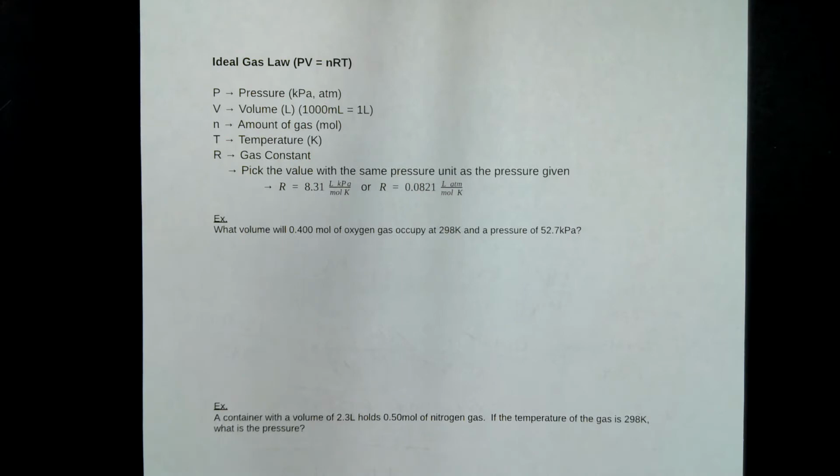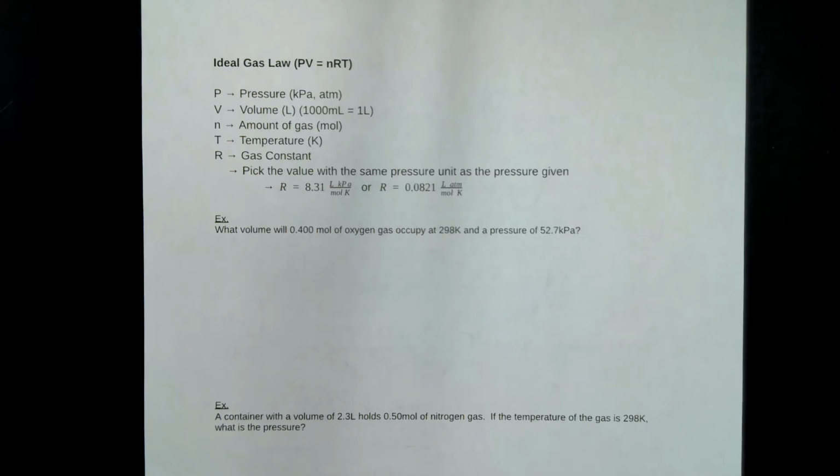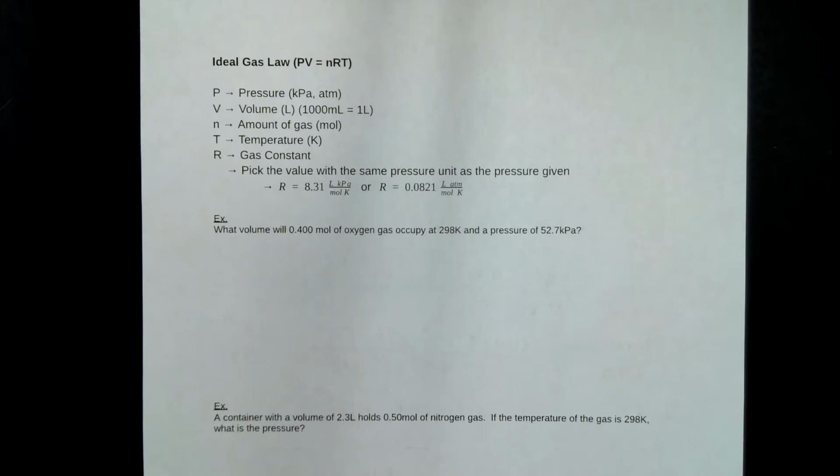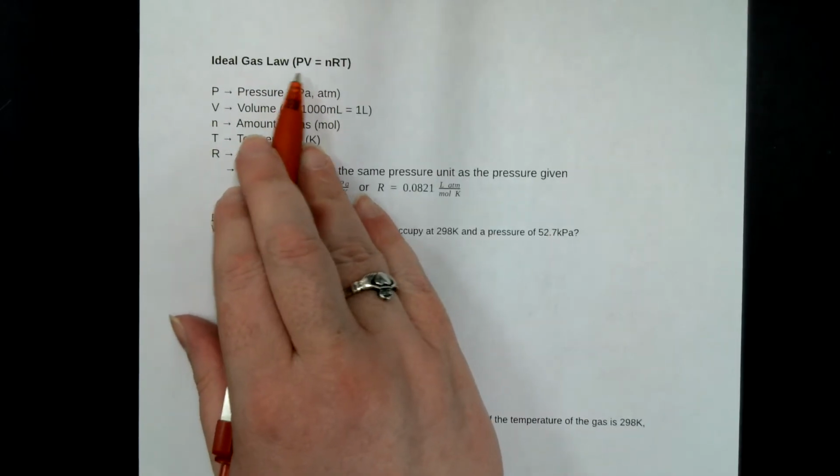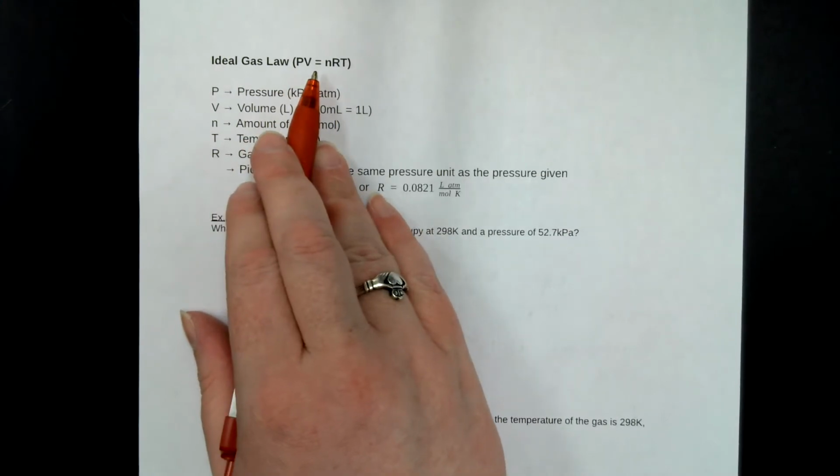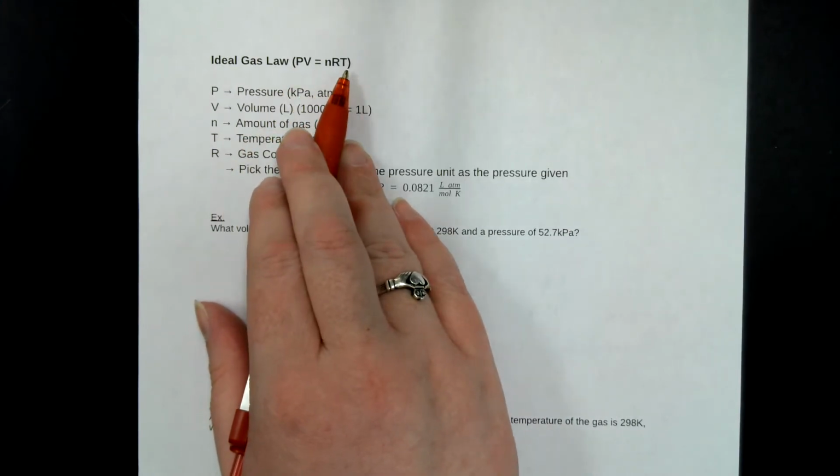Now, an ideal gas, in order to be ideal, I should say, requires that you adhere to all the postulates of kinetic molecular theory. But that is another video for another time. The mathematical representation of the ideal gas law is PV is equal to nRT.